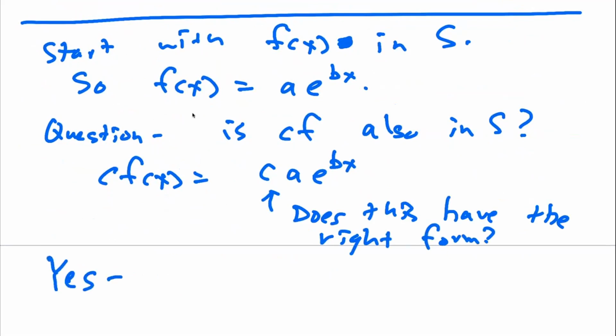Yes. It has number times e to the other number x. Do you know what I mean by that? That's sort of terrible writing, but I'm trying to communicate. It's just some number, even though that number is complicated, times e to some other number times x. So yes. Right.